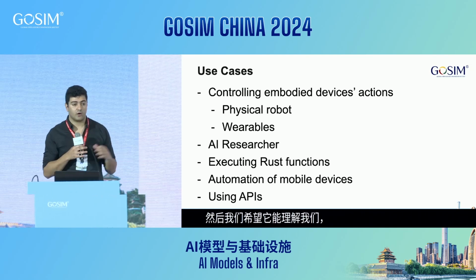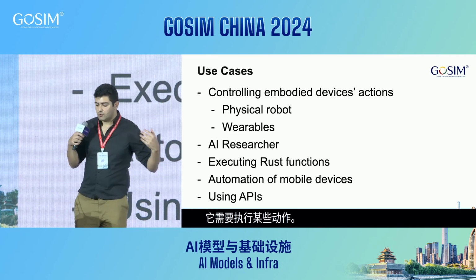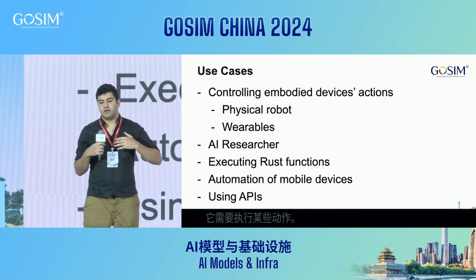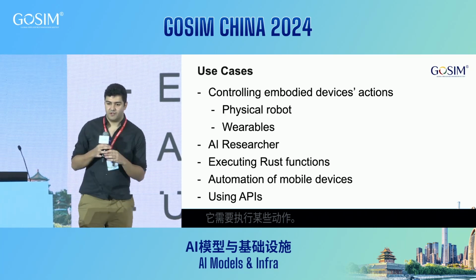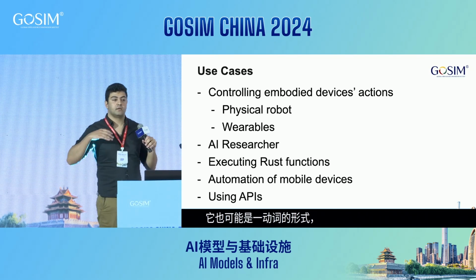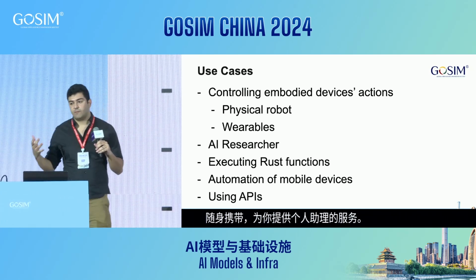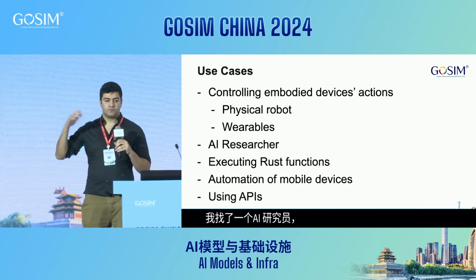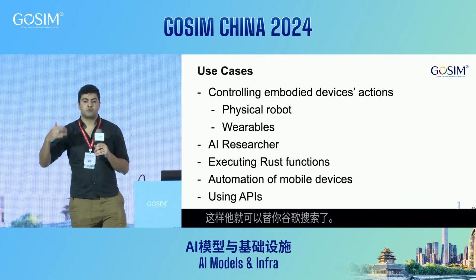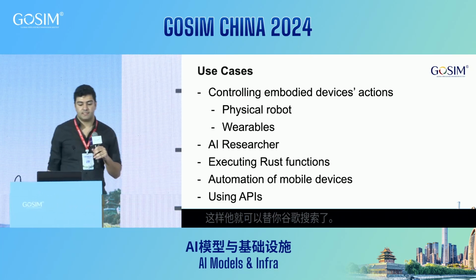It could be wearables too, where you might have a watch or some sort of wearable device that can be a personal assistant for you. Or an AI researcher, so it can Google for you, search for any type of information, bring that information back and summarize it, and do all of this in an appropriate order rather than randomly going through websites.